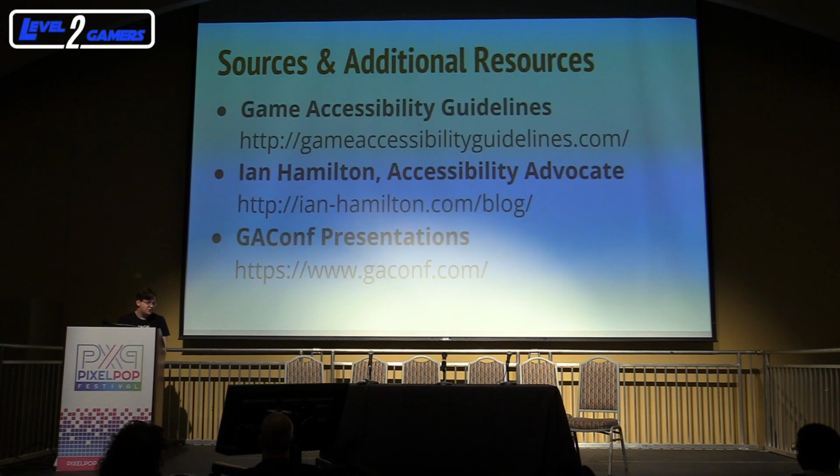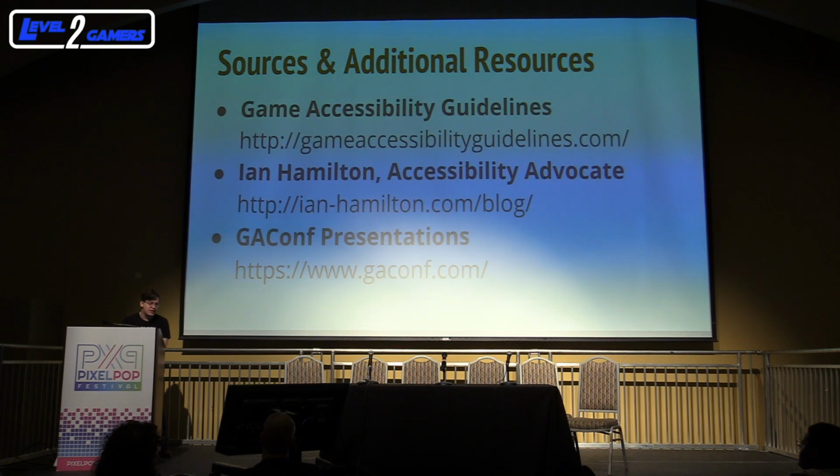And some really good resources I recommend. There's the Game Accessibility Guidelines. That's a website that's not run by any individual studio. It's a cross-studio effort. It breaks things down by hierarchy, like basic accessibility things, some of which I've covered with color blindness and subtitles, and then it has more advanced things.